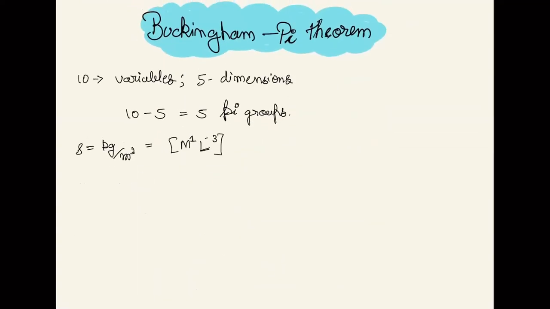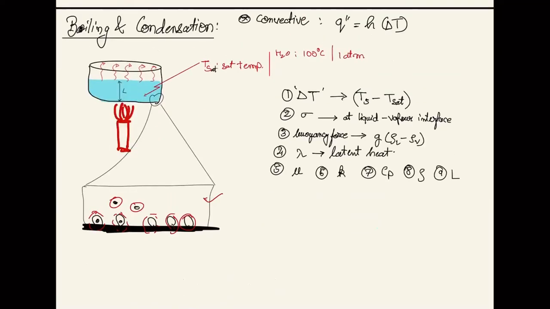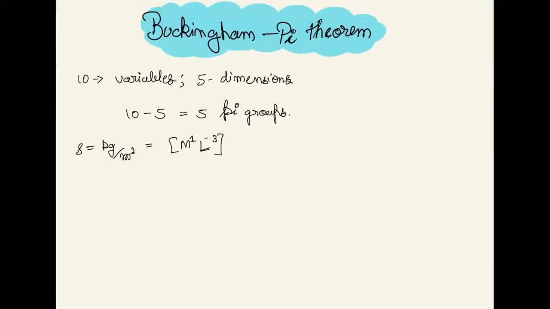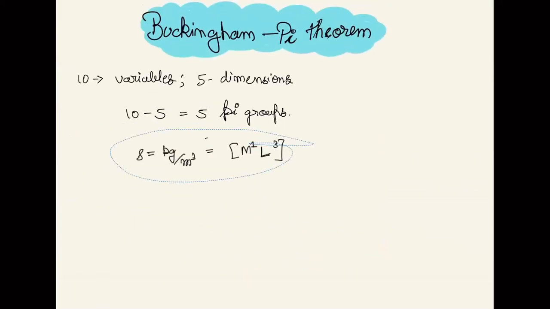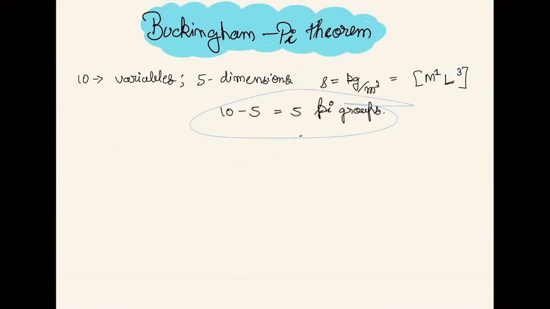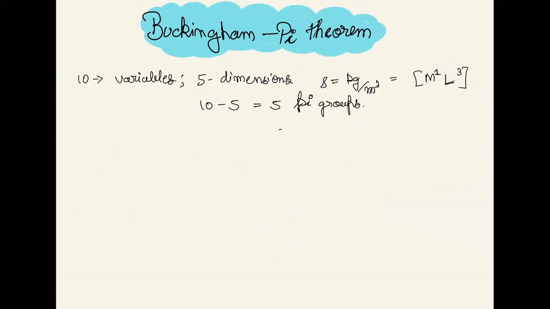So if you try to solve this particular problem using Buckingham Pi theorem, you will get an expression like this. Our target is to find h, so I want to keep it on one side of the equation.